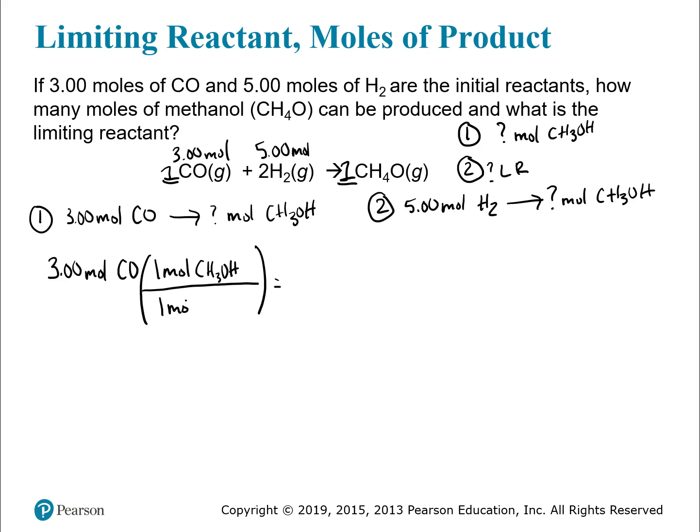And the bottom, we're going to have moles of carbon monoxide. Those cancel. We make 3 moles. I didn't write out the other 2 zeros, but they're there. Just imagine them in your mind. This isn't the final answer yet. Now we do the same thing for the hydrogen.